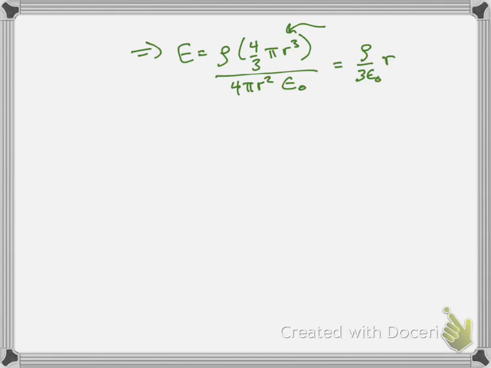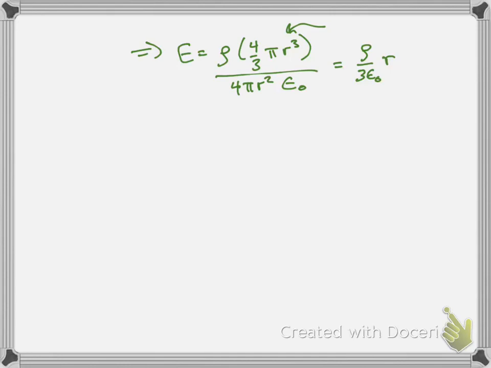It's kind of interesting that the electric field is proportional to r. The electric field gets bigger as you move from the center out through this insulating sphere. But when you get outside the sphere, remember, it gets smaller as 1 over r squared. It looks like a point charge outside.